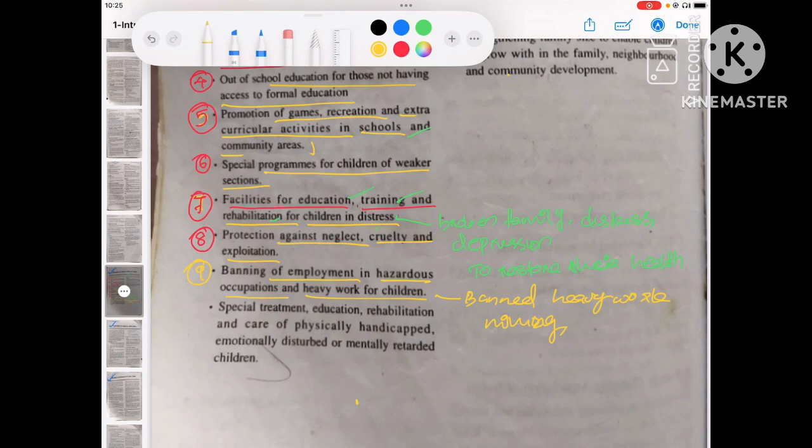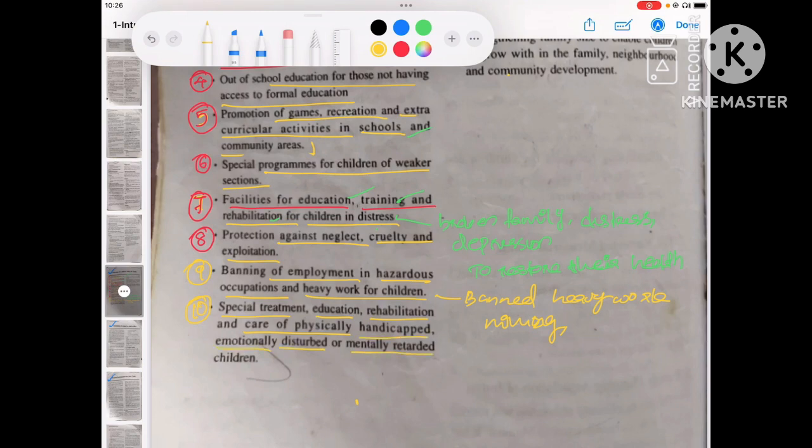The mining sections are very heavy, hot and cold in some places. So children working there is very hazardous, then they banned it.